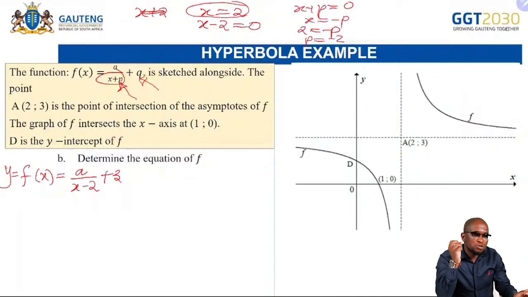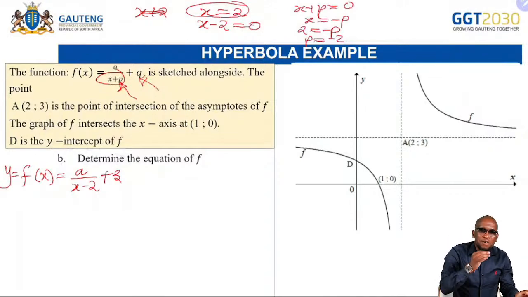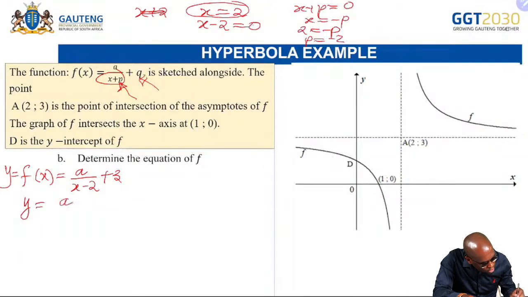The reason being is that I know that if that point lies on the function, then it conforms to the equation of that particular function. So now I'm going to substitute in my y is equal to a over x minus 2 plus 3.